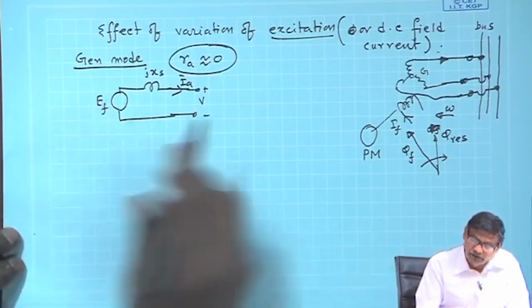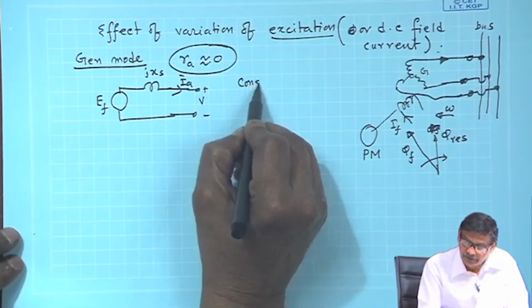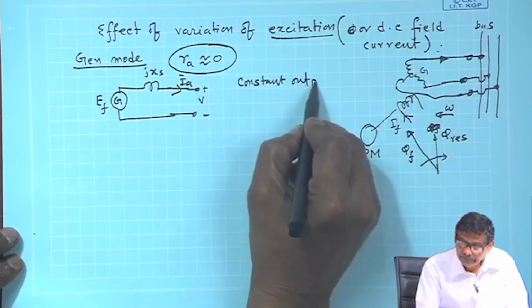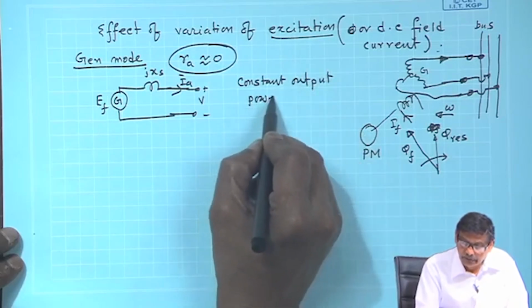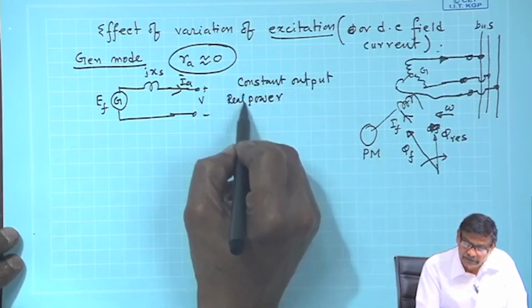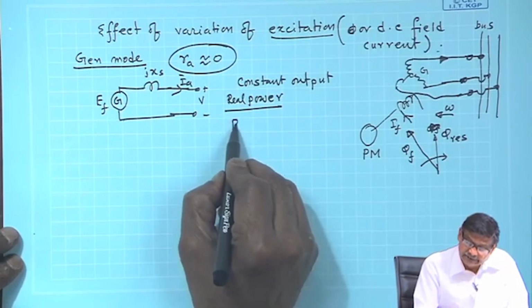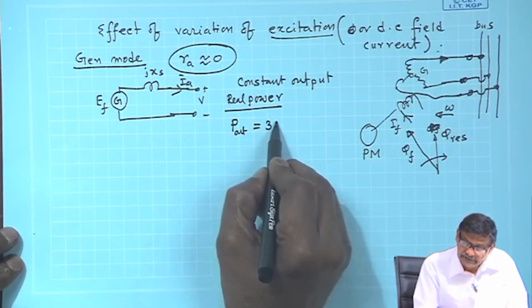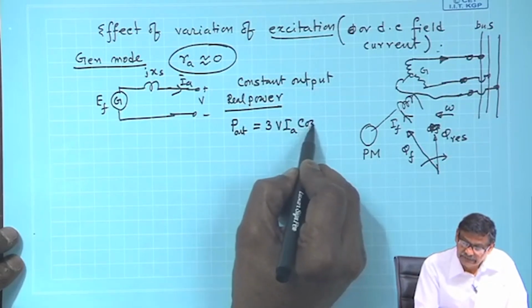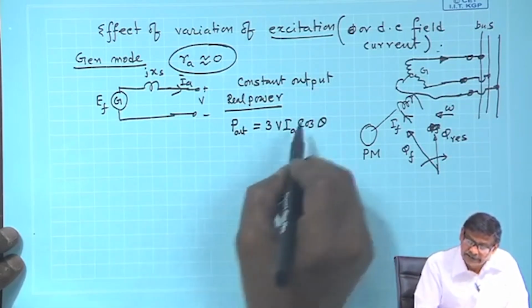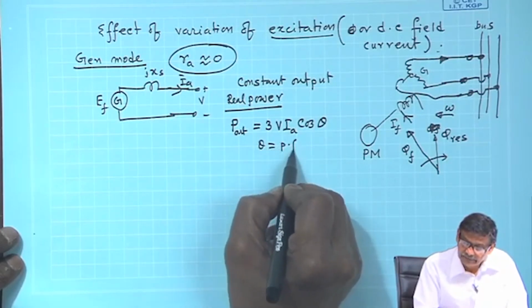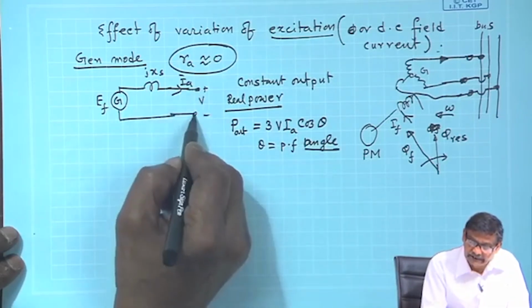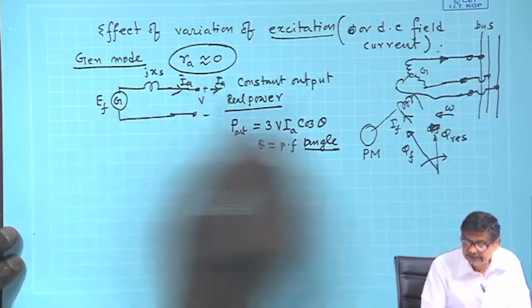Now, suppose for constant generator mode output real power, I can say the output of the generator will be 3 V IA cos theta, where theta is the power factor angle of the machine, because it is the angle between V and IA, this is IA, it is delivering.